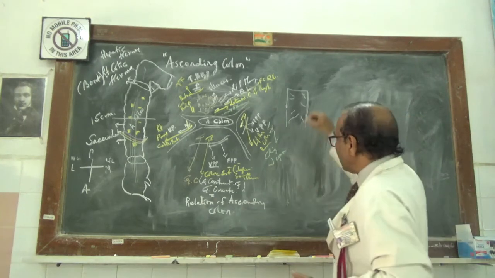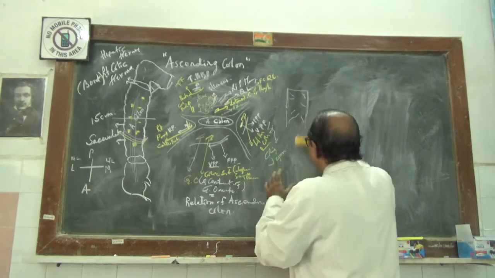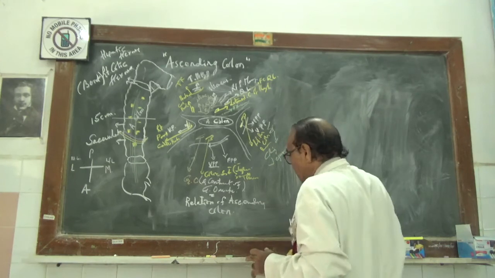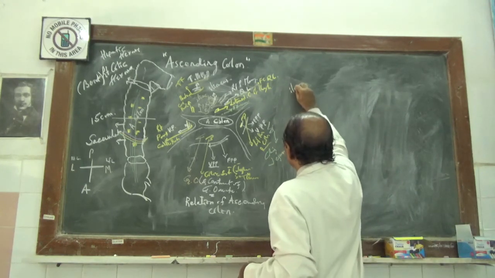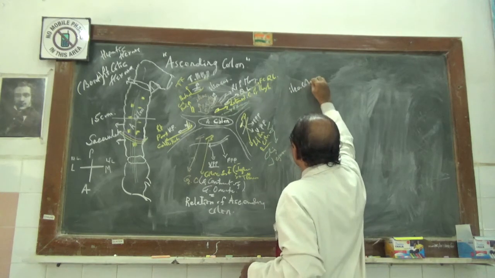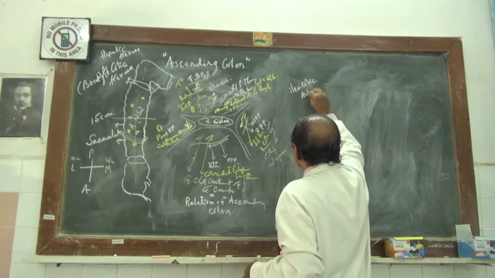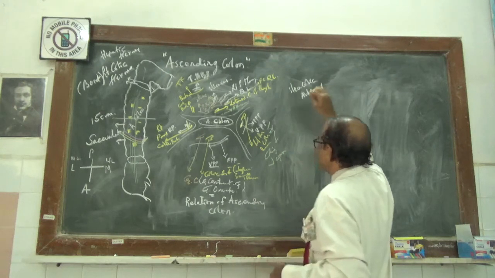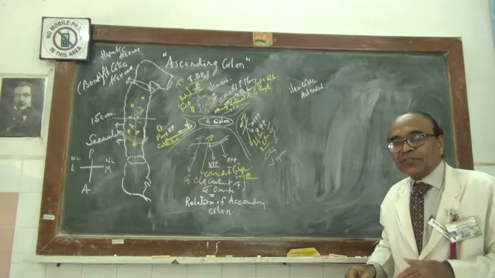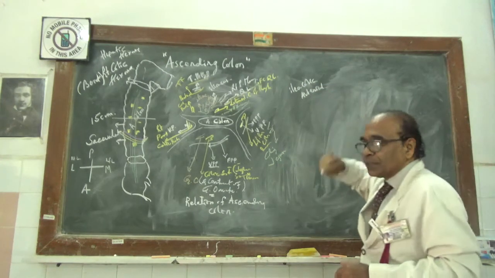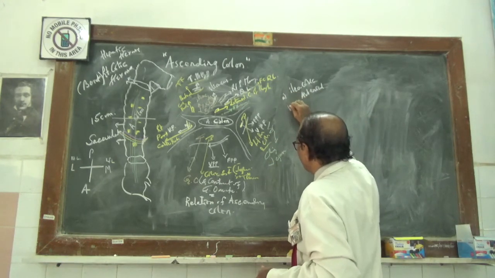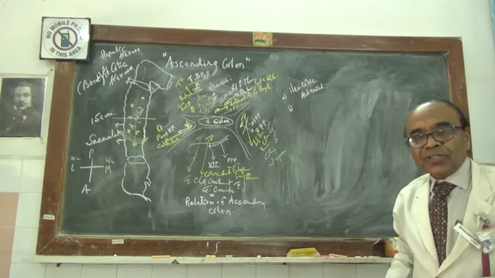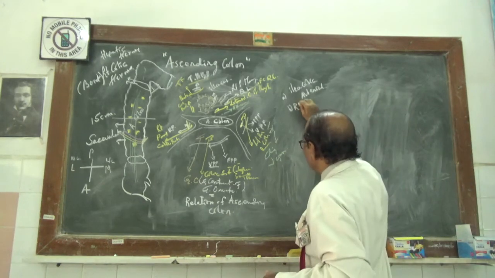Then you will get the blood supply. Blood supply for the ascending colon is by the ileocolic artery. This ileocolic artery is a branch of the superior mesenteric artery. Another artery for the blood supply is the right colic artery.